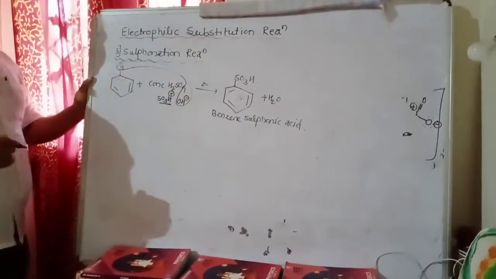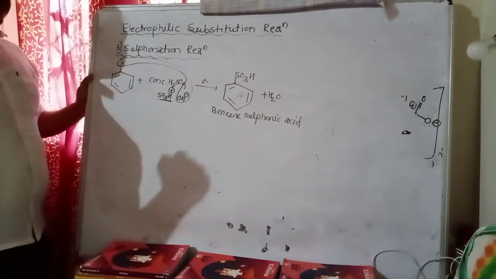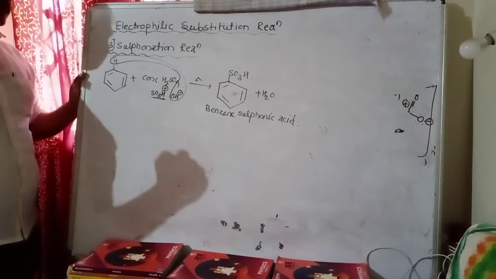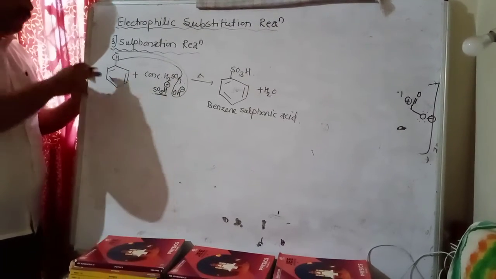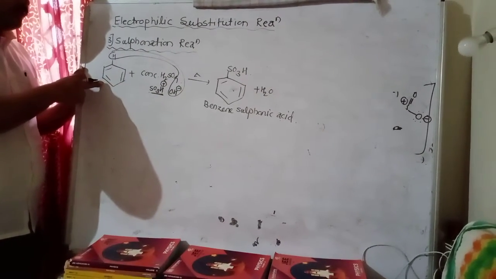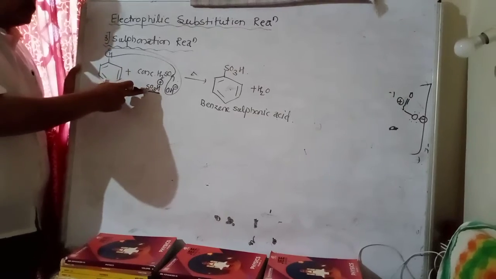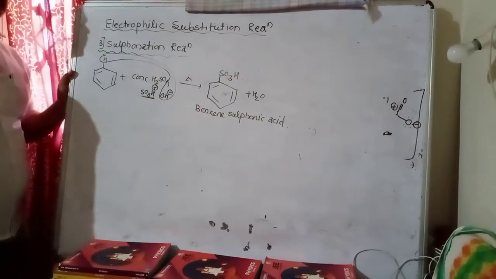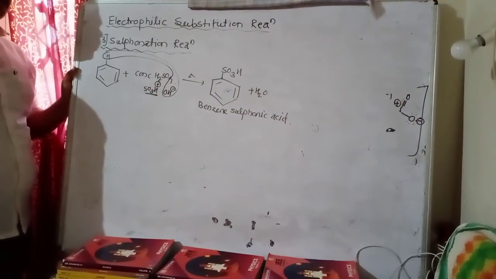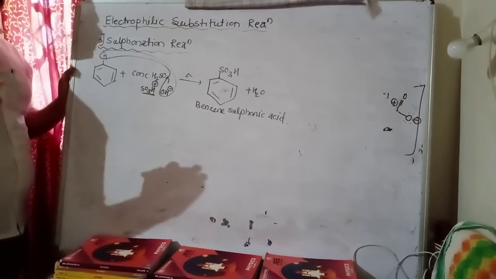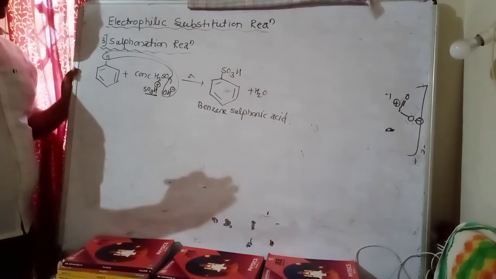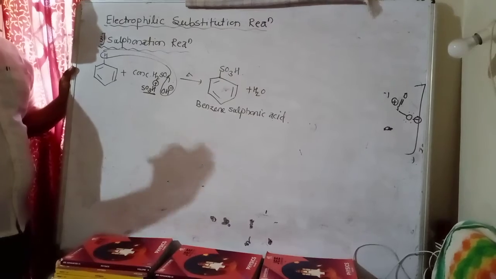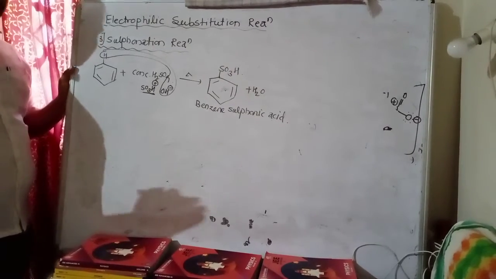What is the exact definition of the sulfonation reaction? Sulfonation is an electrophilic substitution reaction when one hydrogen atom of benzene is substituted by SO3H, the sulfonyl group, forming benzene sulfonic acid. This reaction is called the sulfonation of benzene.